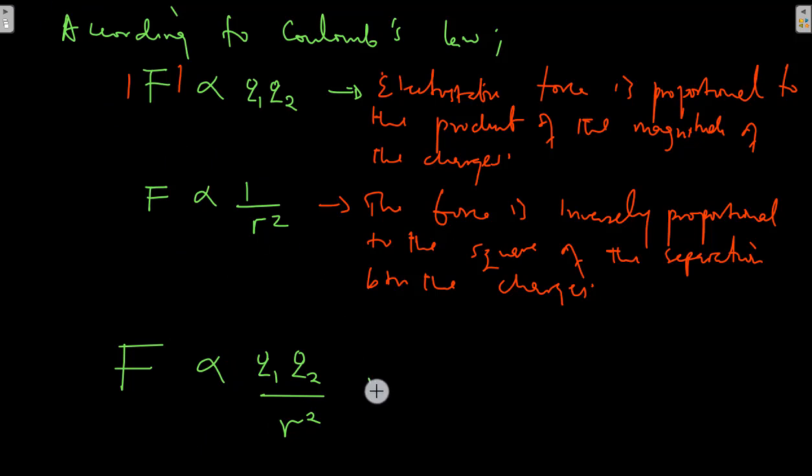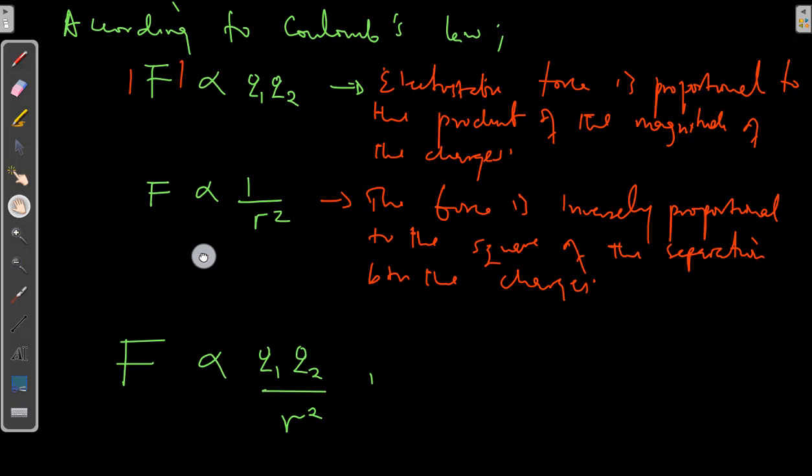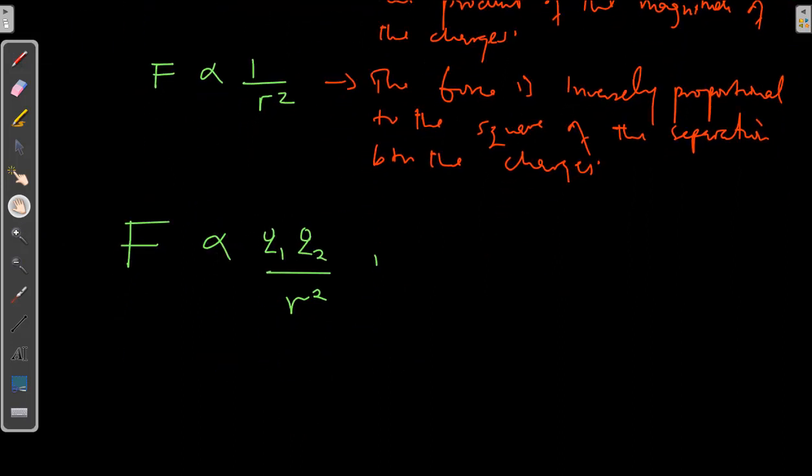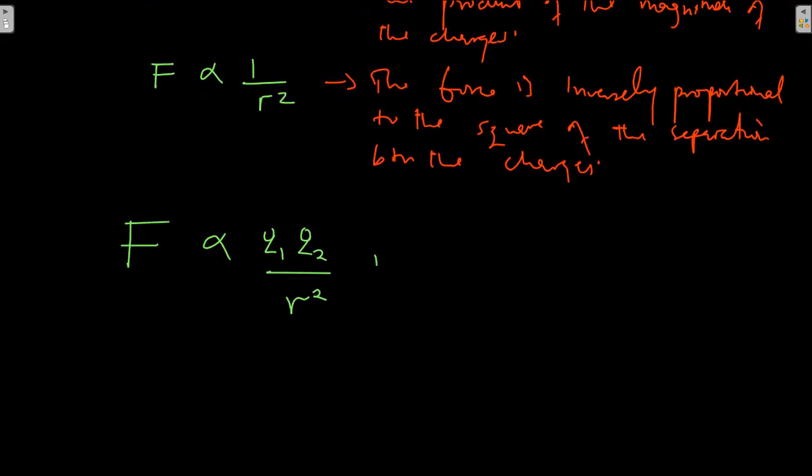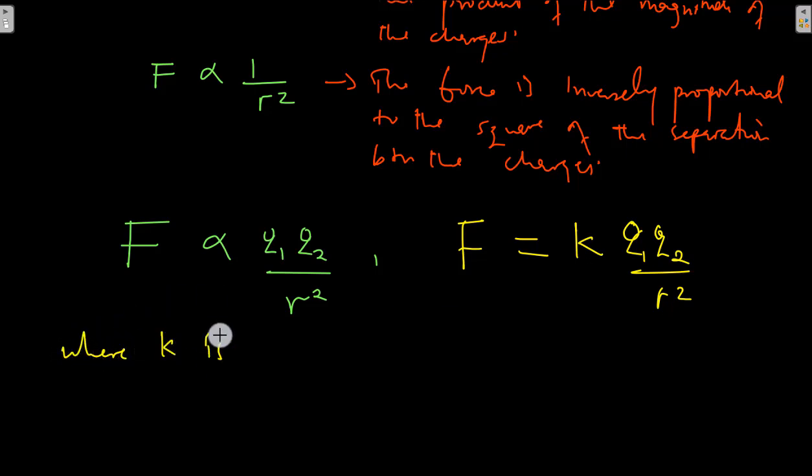To make it mathematically viable, we have to get rid of the proportionality sign, so we must introduce a constant. Let me call that k. Then F equals k q1 q2 divided by r squared, where k is a constant.